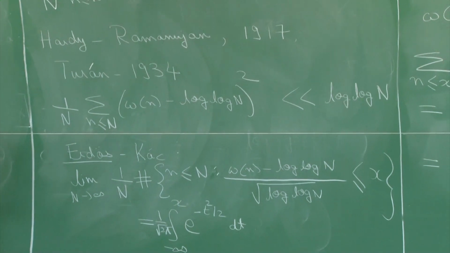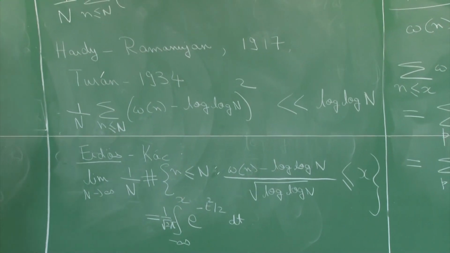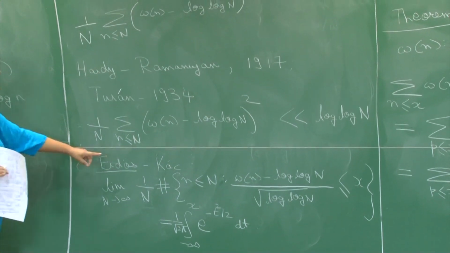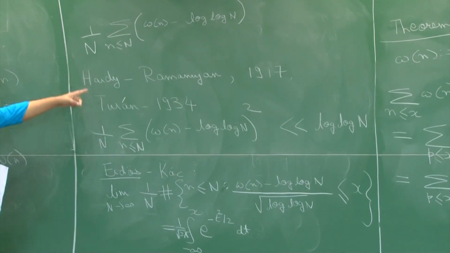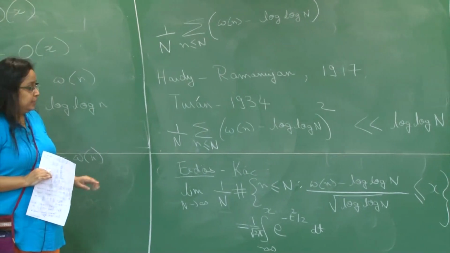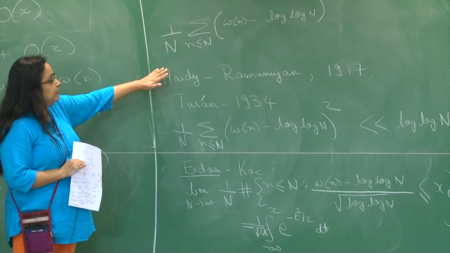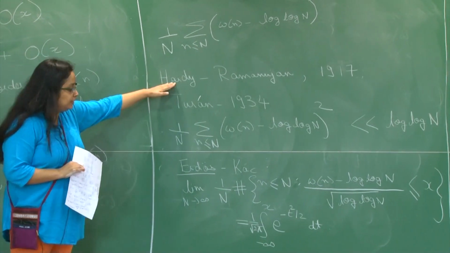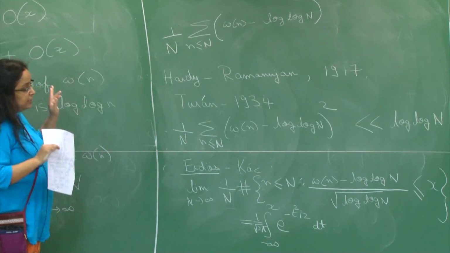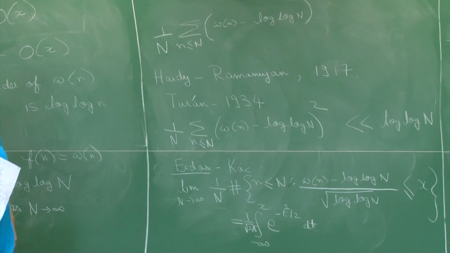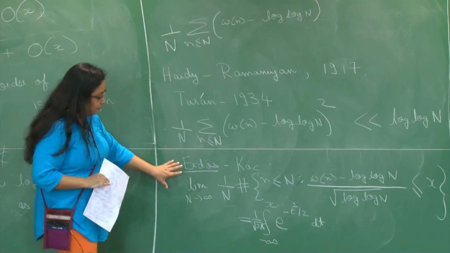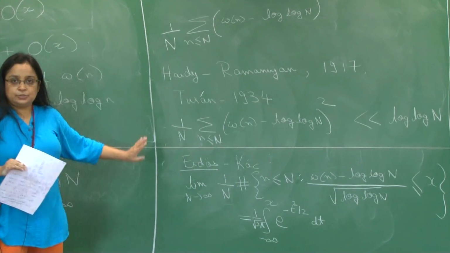You will probably learn a proof in Professor Mamanty Podder's course, and you will also learn a proof in this course, and you will also learn to relate it to the study of omega of n. So, depending on your taste, either the Hardy-Ramanujan-Turan theorem or the Erdos-Kac theorem is the theorem 0 of probabilistic number theory, and in our next class we will jump properly into these theorems. So, I will stop for today.